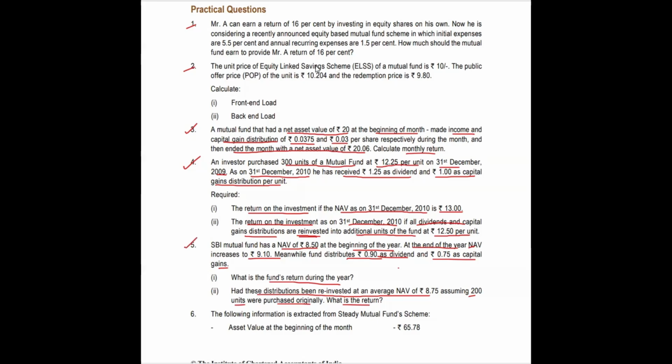Also, we will see question number 15. A mutual fund having 300 units has shown its NAV of rupees 8.75 and rupees 9.45 at the beginning and at the end of the year respectively. The mutual fund has given two options. Pay rupees 0.75 per unit as dividend and rupees 0.6 per unit as capital gain, or these distributions are to be reinvested at an average NAV of rupees 8.65 per unit.